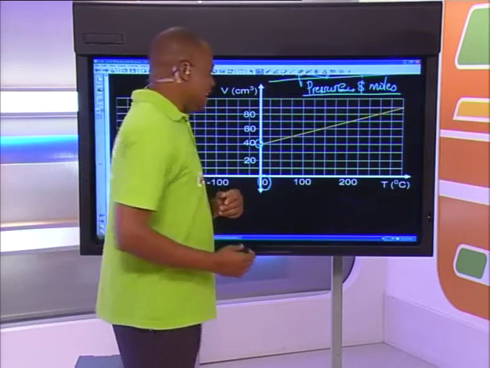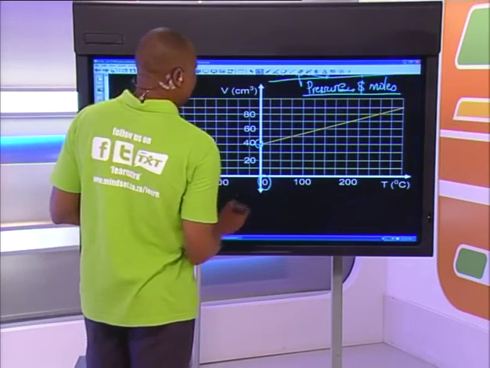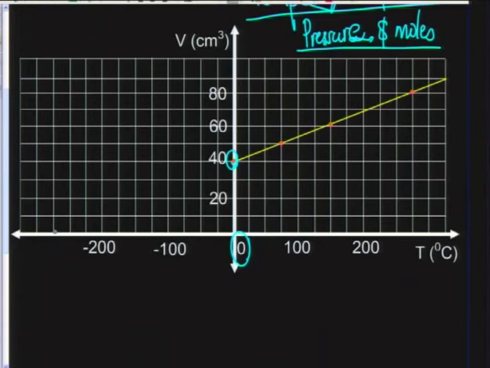Can we get to a point where this gas occupies no volume? And when he looks at this, he says, okay, this would mean if I have a situation where at 0 degrees Celsius, there is some volume already occupied by a gas. At what temperature will this gas, which would obviously be ideal, be occupying no volume?